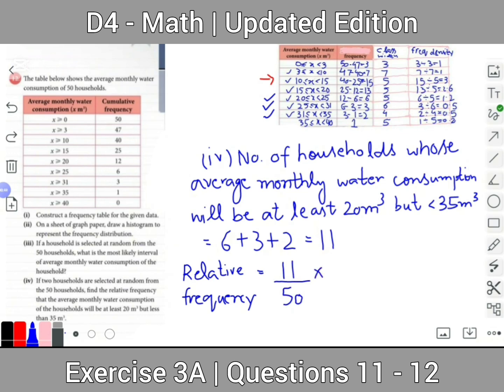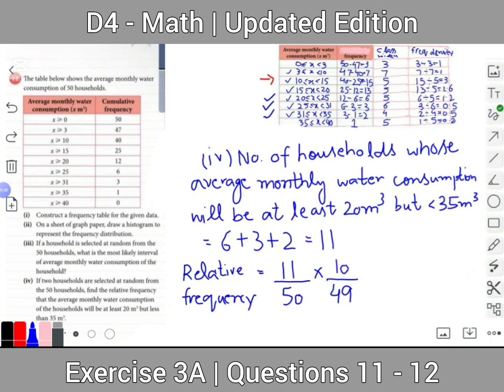multiplied by, since we have to find two households at random and we have already selected one household, the total number of houses left is 49. Since we have already selected one household having average monthly water consumption at least 20 meter cubes but less than 35 meter cubes, the number of households left is 10.